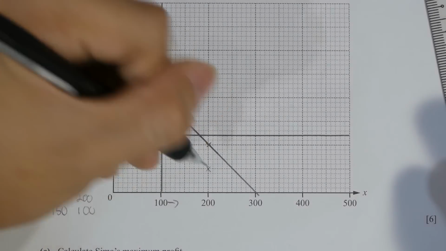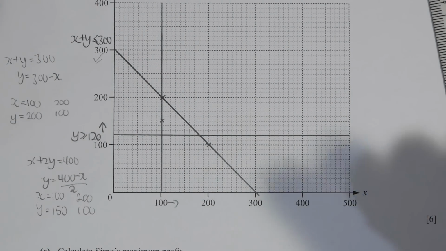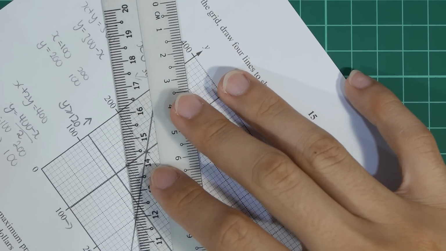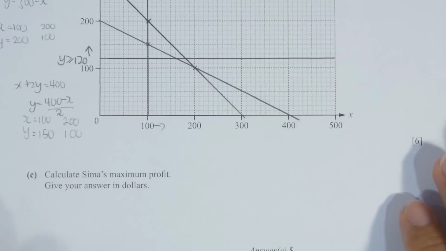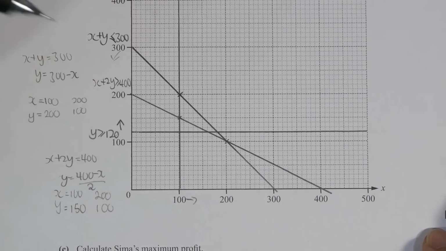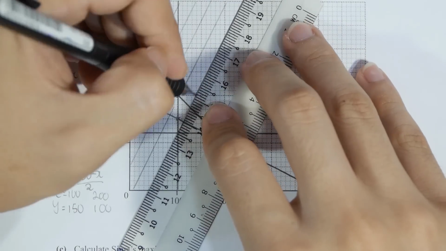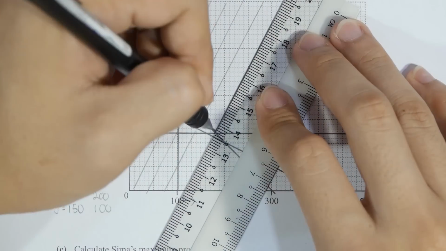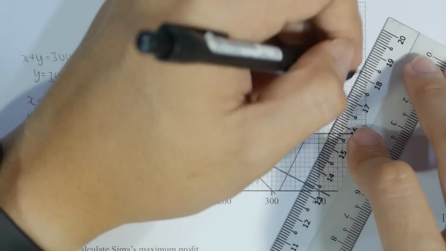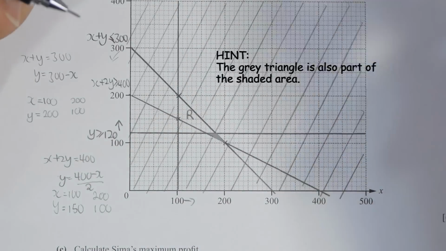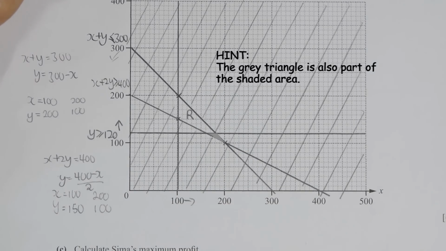With that being said, we are now able to draw out the graph, and repeat the same step for x plus 2y equals 400. Now that you have constructed the lines, you can list down the region, which is R. There's a minor mistake here, which I've already corrected in the graph.